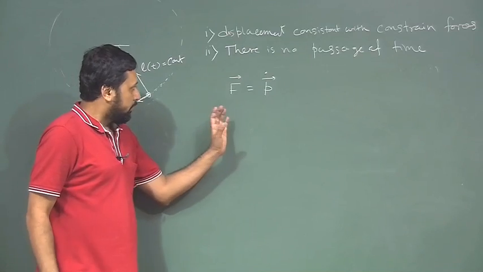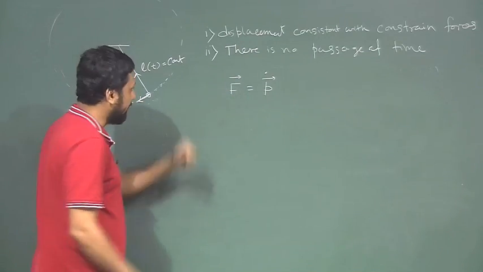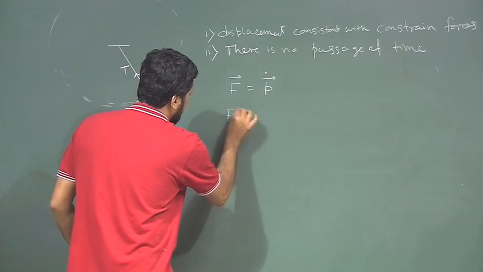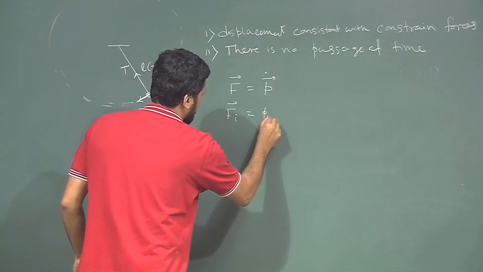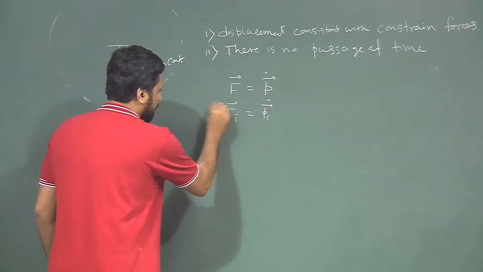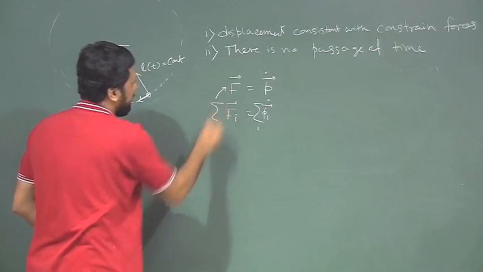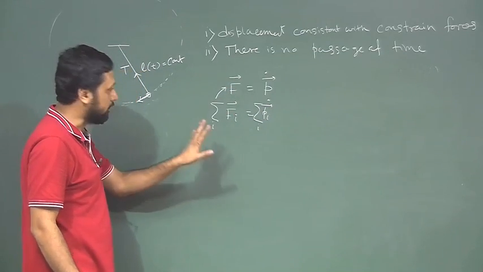And this is for a whole system. I can break it down into the system of particles formalism. For each particle, we can write F i equal to p i dot. This is also valid. We can also put a sum on both sides, which is essentially just another way of writing this equation.